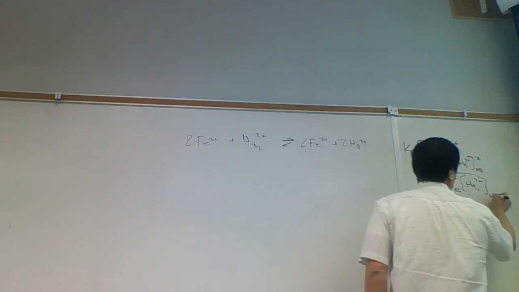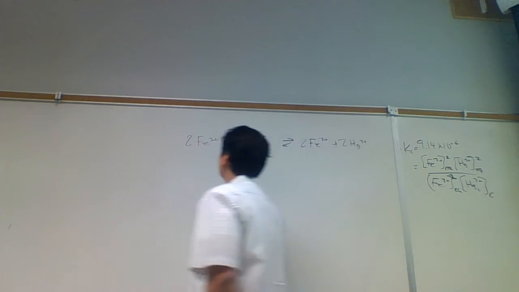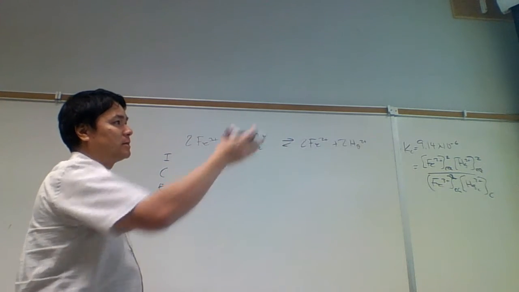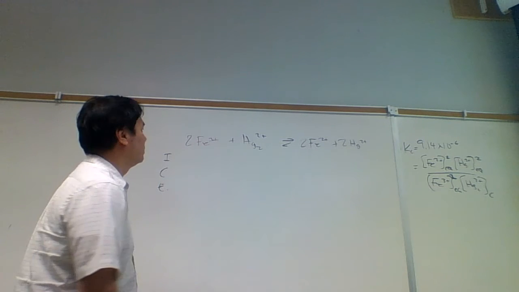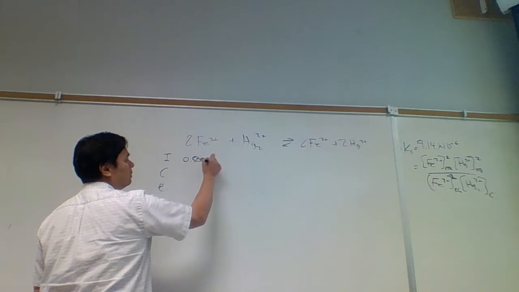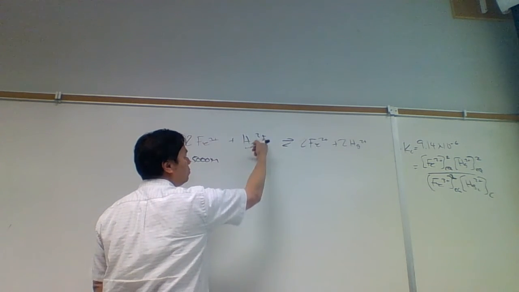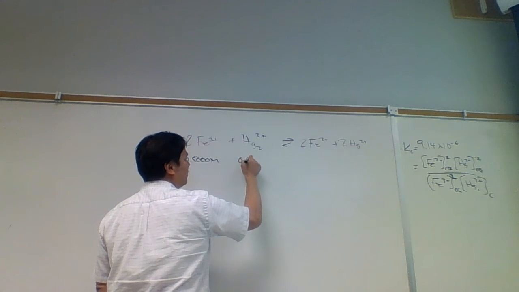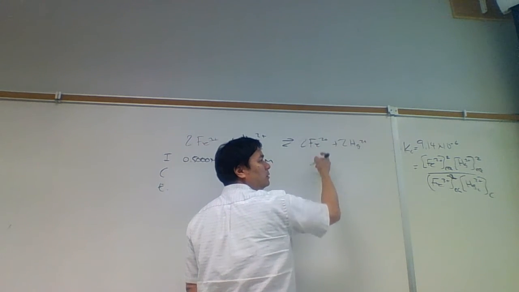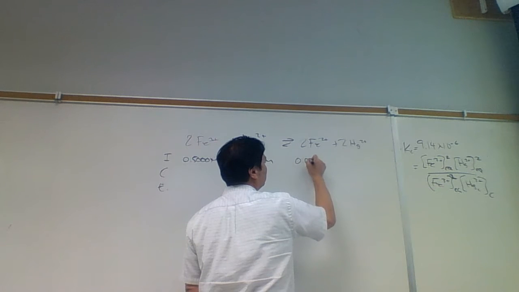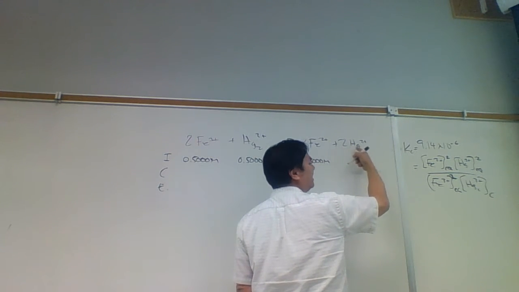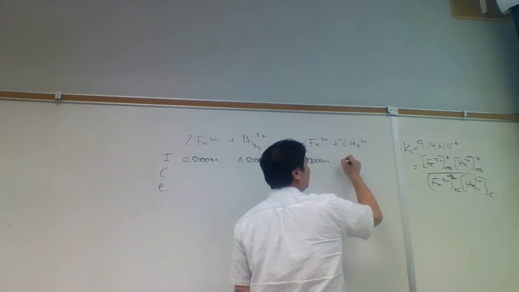All right, so this is our Kc expression. We go over here, we set up the table here. And this is kind of nice because they just give us the concentrations here. Concentration of Fe3+ is 0.5 thousand molar. The mercury 1 is going to be 0.5 thousand molar. The Fe2+ is going to be 0.03 thousand molar. And the Hg2+ is 0.03 thousand molar.